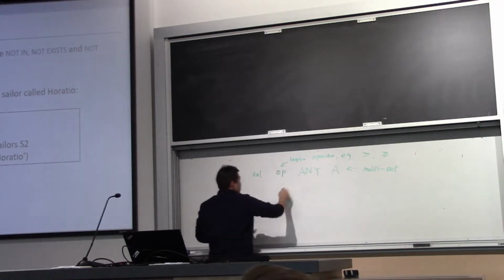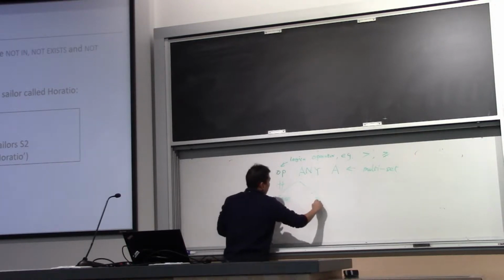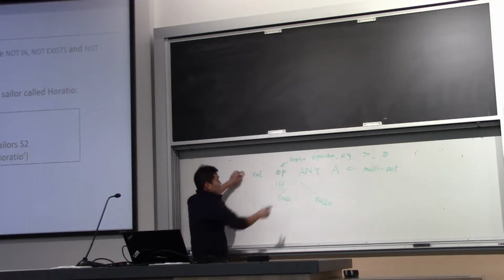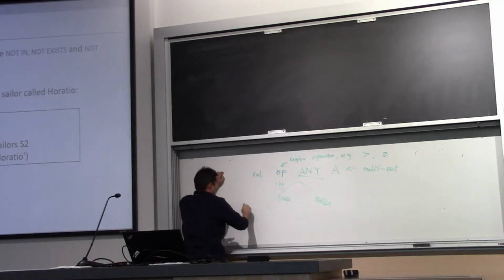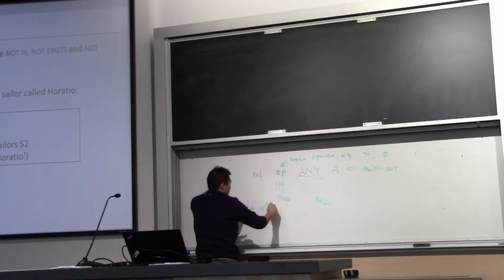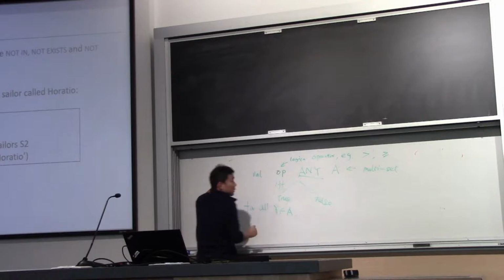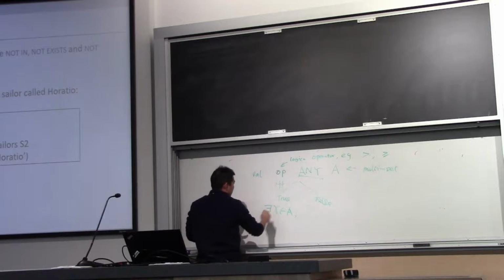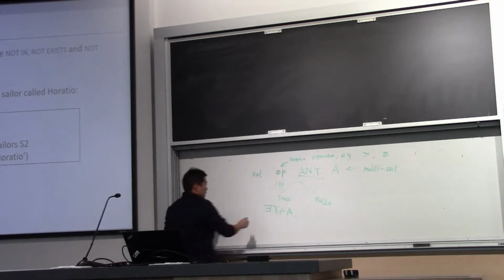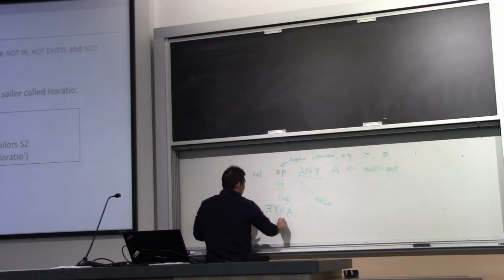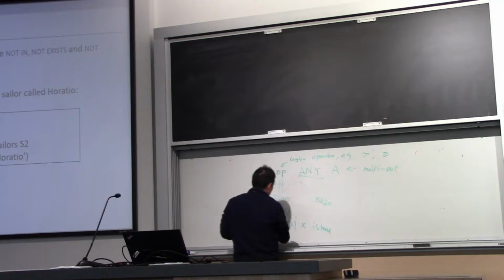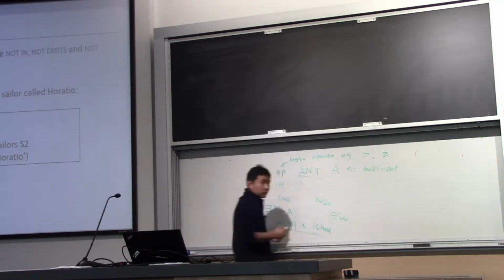And this evaluates to true if and only if, for any, what that means is, there exists a value in A such that the value with operator X is true. And it evaluates to false otherwise.